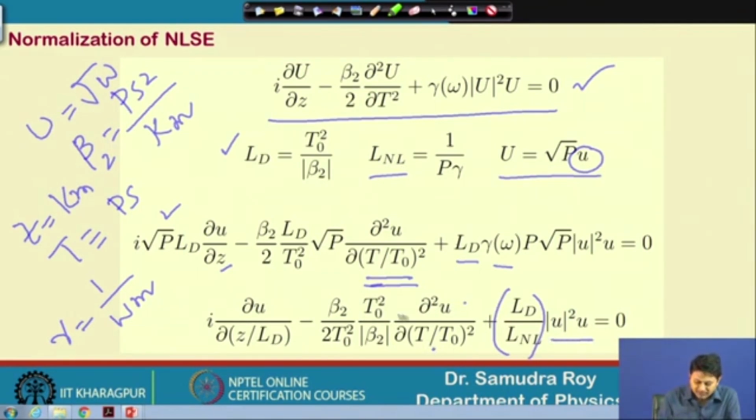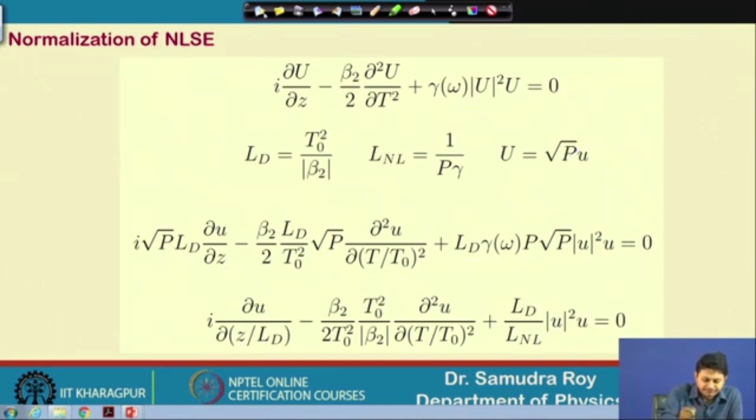Z has the dimension of LD, so when we make the ratio z by LD, again this becomes dimensionless. So, by making some kind of rescaling, I can take this equation, which had some sort of dimension, and land up with an equation which is dimensionless in nature.